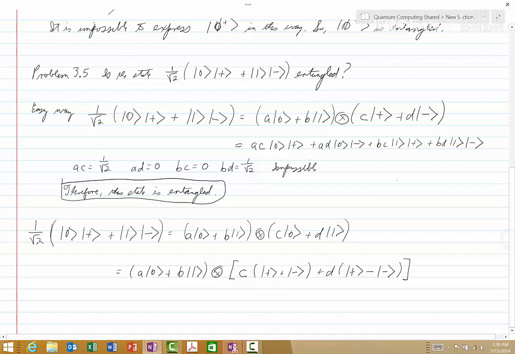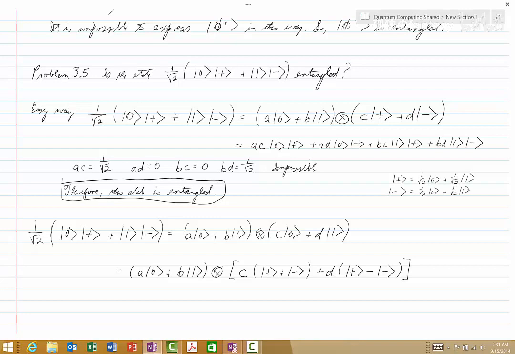Recall, let's just do a little scratch over here on the side. Plus is 1 over square root of 2, 0, plus 1 over square root of 2, 1, and minus is 1 over square root of 2, 0, minus 1 over square root of 2, 1. So if we add those together and multiply by square root of 2, we will get 0.